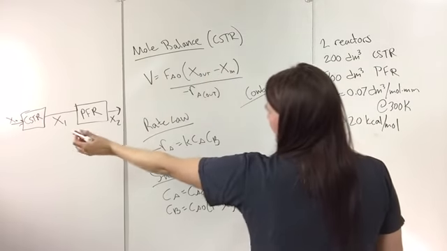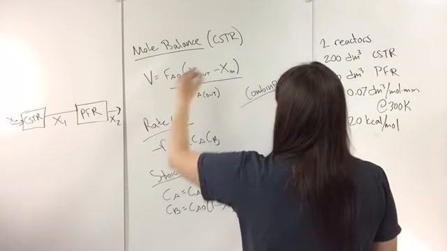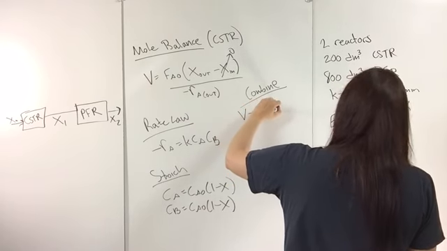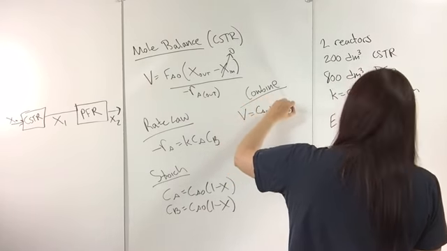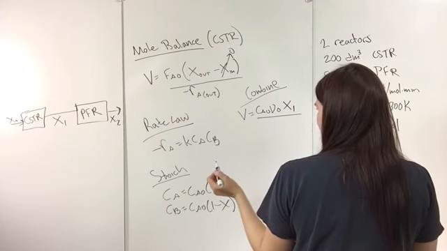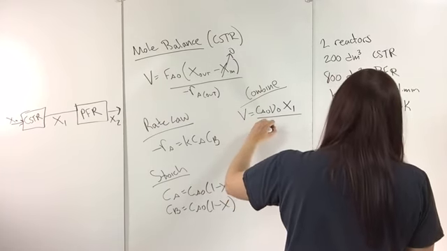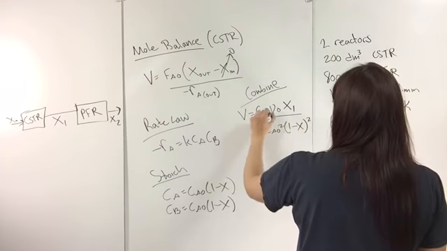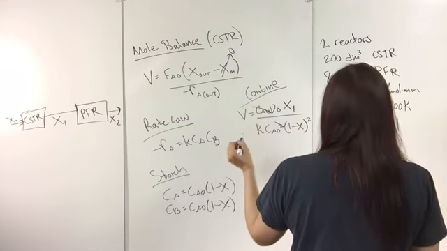And also, in this case, the X in is 0 because the CSTR is first. So V is equal to Ca naught V naught multiplied by x, and I'm just going to change the x out to x1 because that's how I've labeled it over there. And this is over K Ca naught squared (1 minus x) squared. So then that cancels.